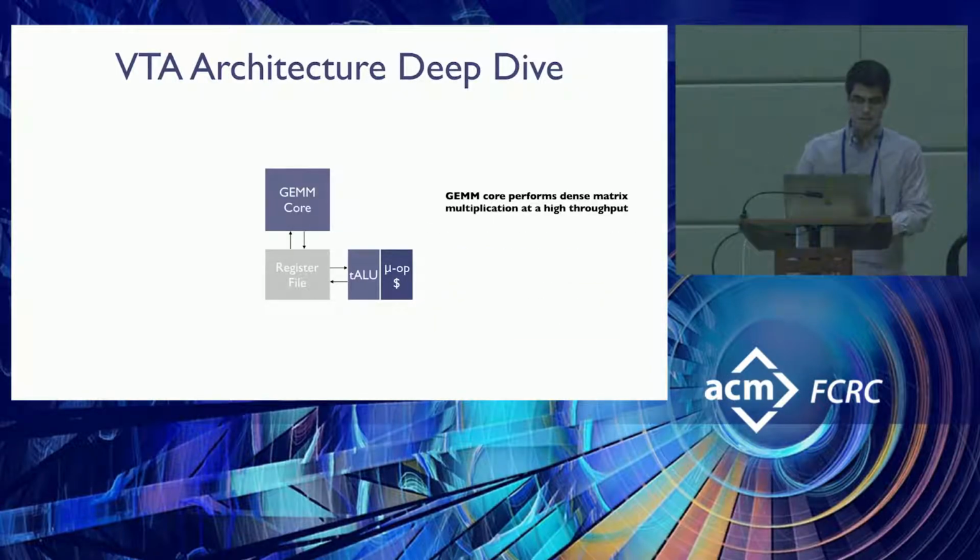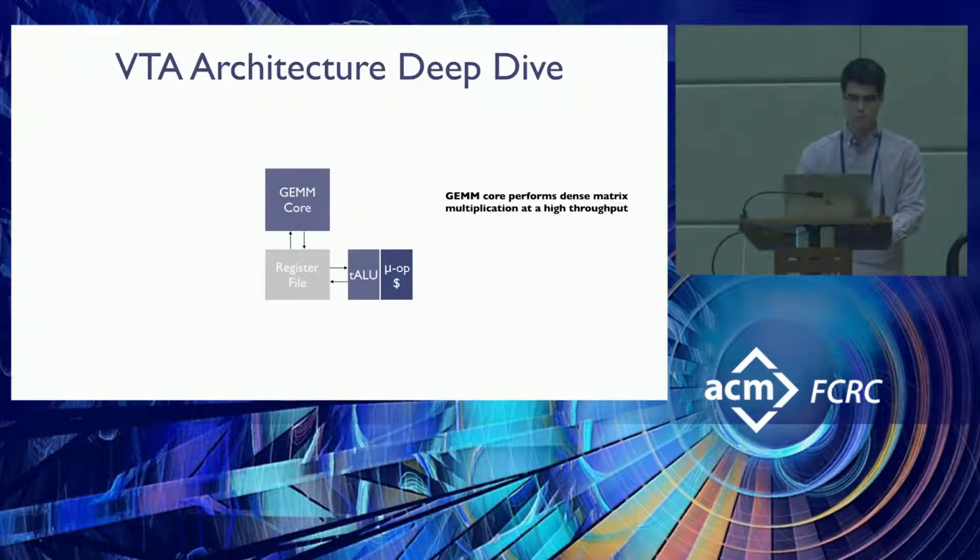For deep learning, we want to do more interesting things than just element-wise computation. We want to do dense linear algebra. So we're going to drop in a GEM core. GEM stands for general matrix multiplication. That lets you take multiple tensors, multiply them, and add them to another tensor. This is essentially the building block of dense convolutional neural nets, and a lot of other neural networks, it turns out.